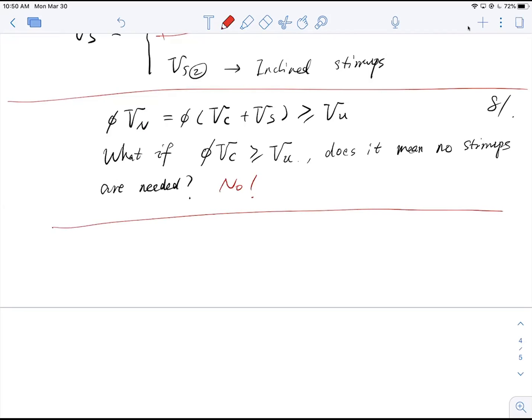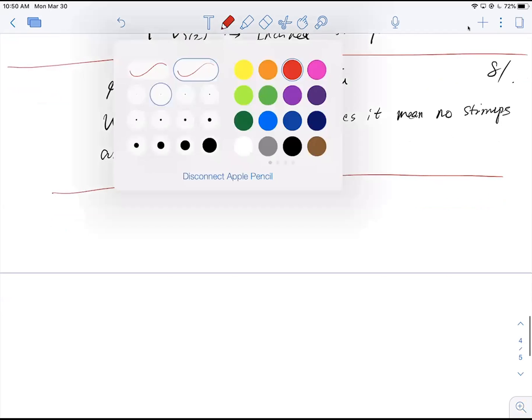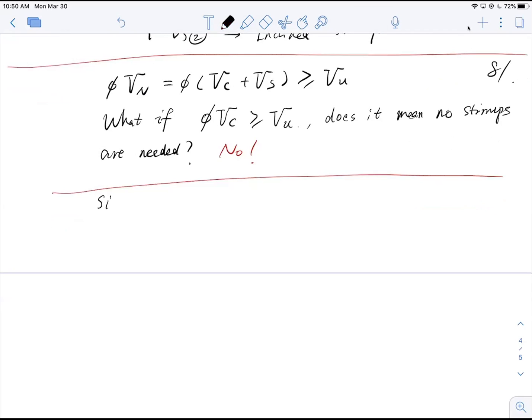The answer is no, because shear failure is brittle. Recall the definition: brittle means once it fails, you have no time to run.